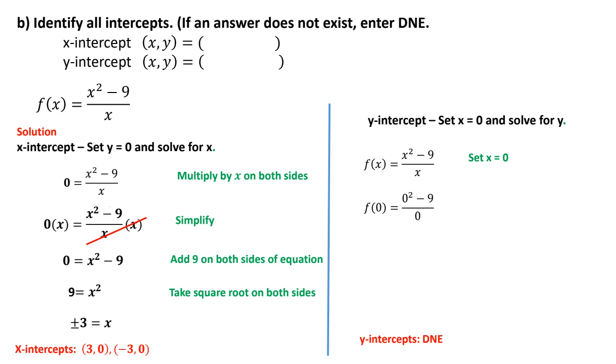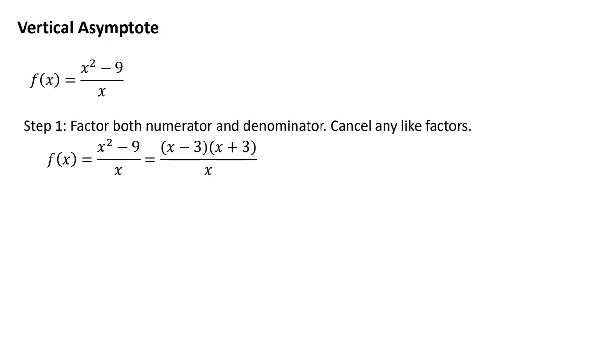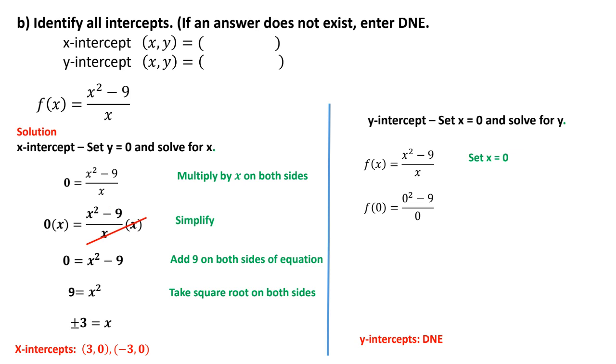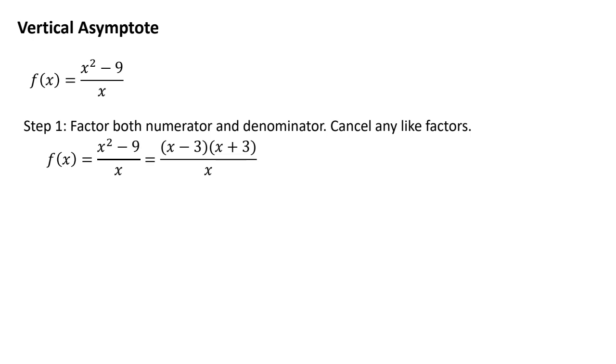That means this one has no y-intercept. Now let's look at our vertical asymptote.